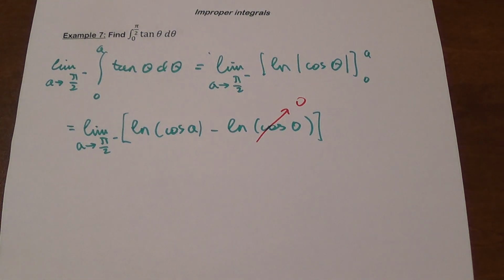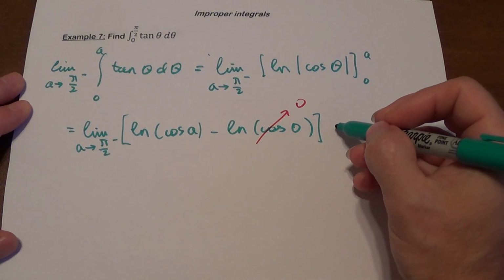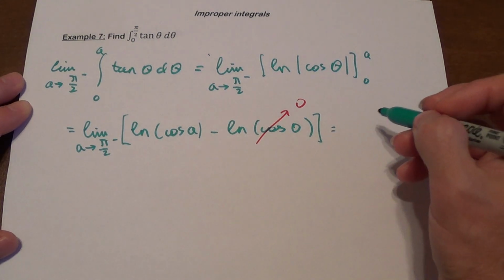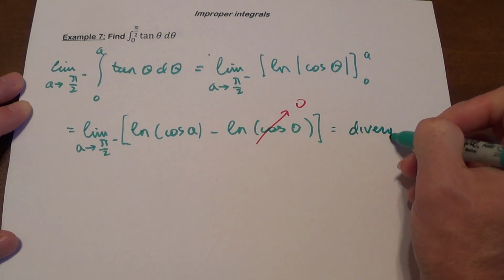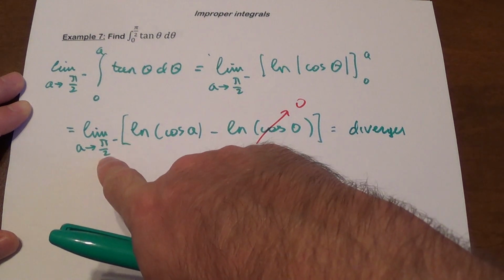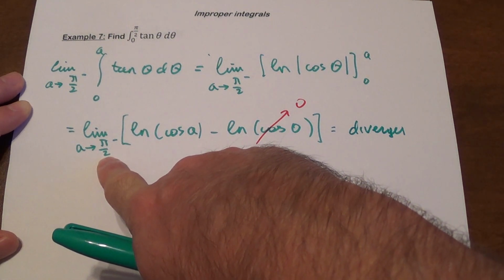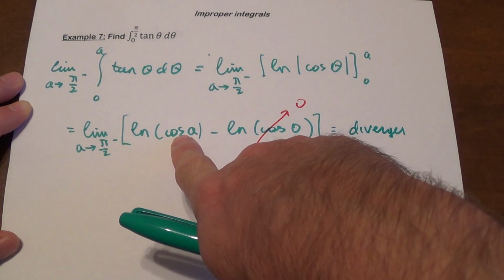But what about the other one? As theta goes to pi over 2 from the left, the value of cosine is going to approach 0, and then the value of ln is going to approach negative infinity, so it's going to be undefined. This one's going to diverge because of that.